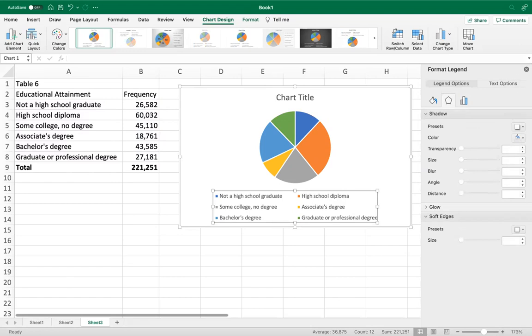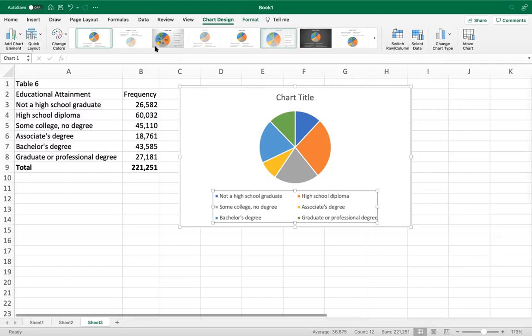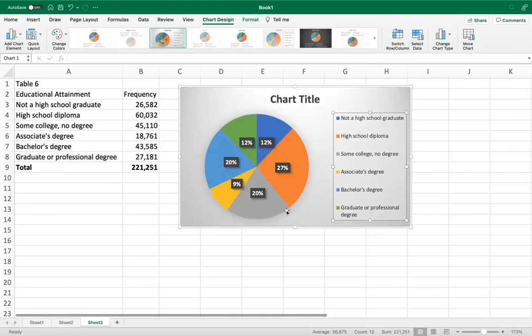All right, so that's more of the aesthetic of everything. There we go. So the percentages involved with each of these. 12% would go to this blue part, which is not high school graduate. 27% would go to this orange part, 9% would go to this associate's. So if you look at all of this, the highest one ends up being this 27%, which is high school.